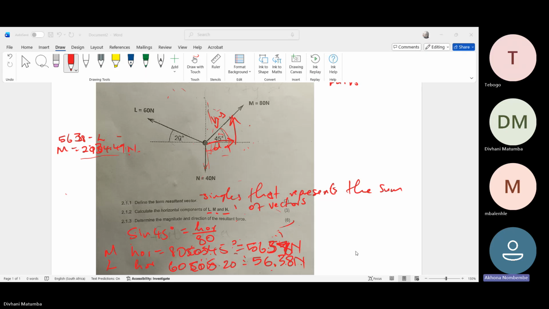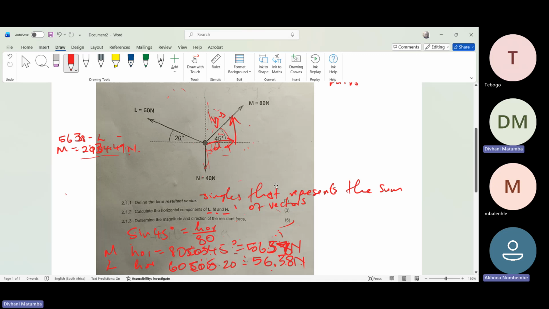Hi, sir. Sorry, I just joined. I didn't know what we were writing. Okay, no problem. We were doing 2.1.3. We were finding the resultant force and the direction. Right. Yes. So we're going to do corrections.